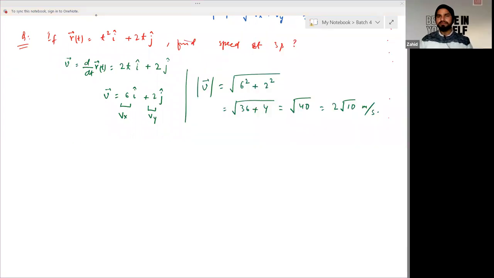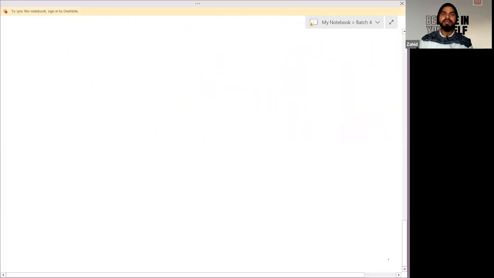Okay. So let's start the next part of this chapter, that is relative motion.